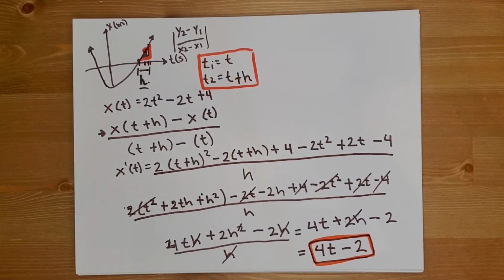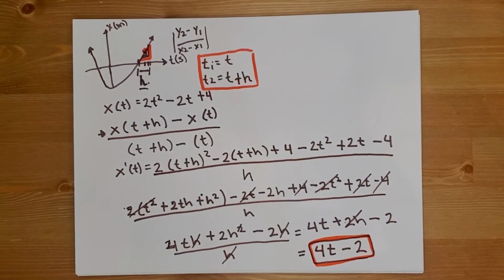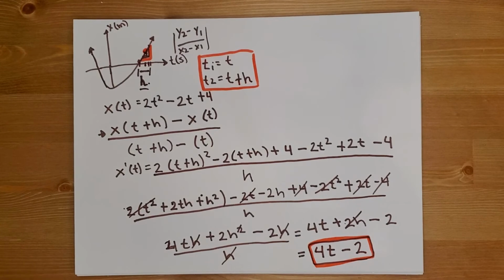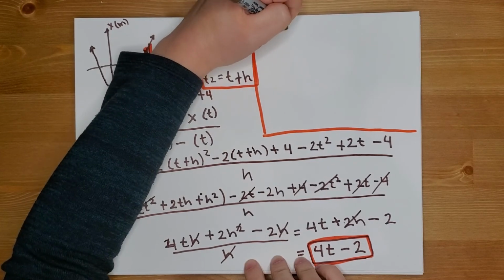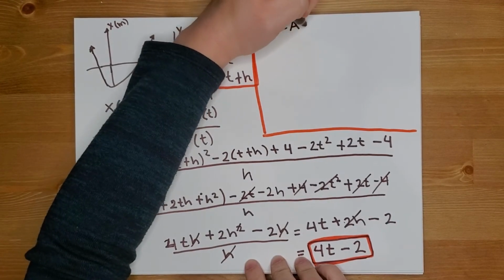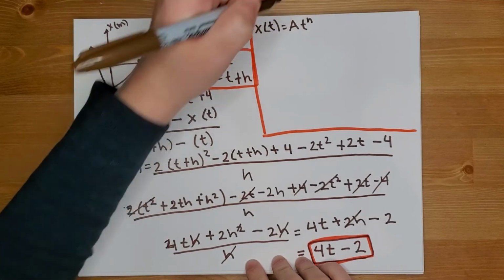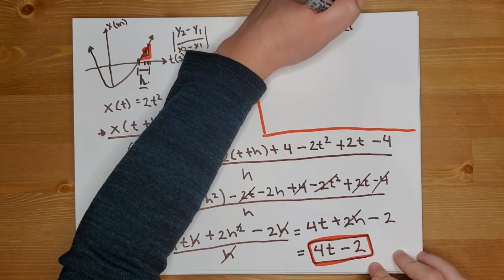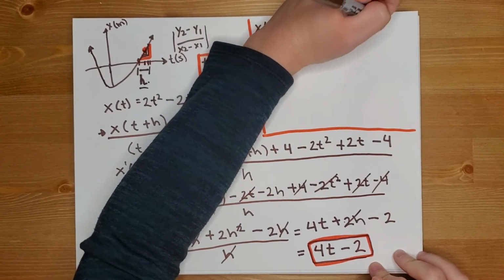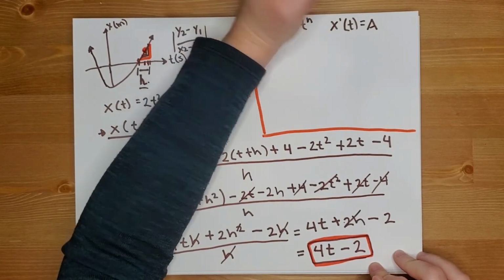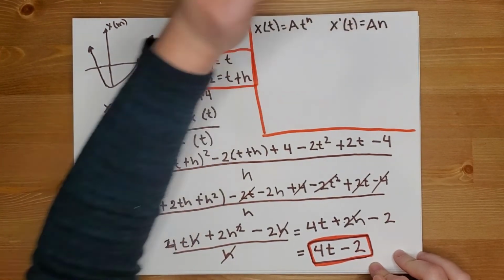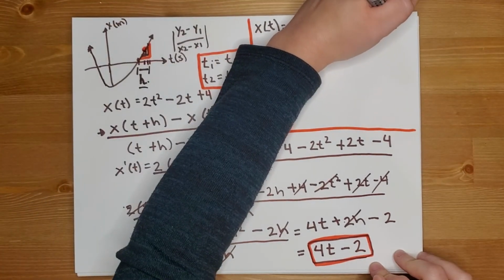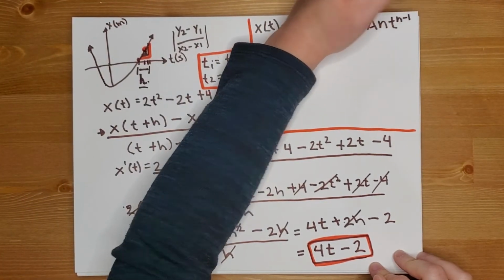Let's see if we get the exact same thing by applying the original derivative rule that we learned last time. X of t equals my constant a times t to the power of n, then x prime of t equals a times my power n, and then we have t to the n minus 1.